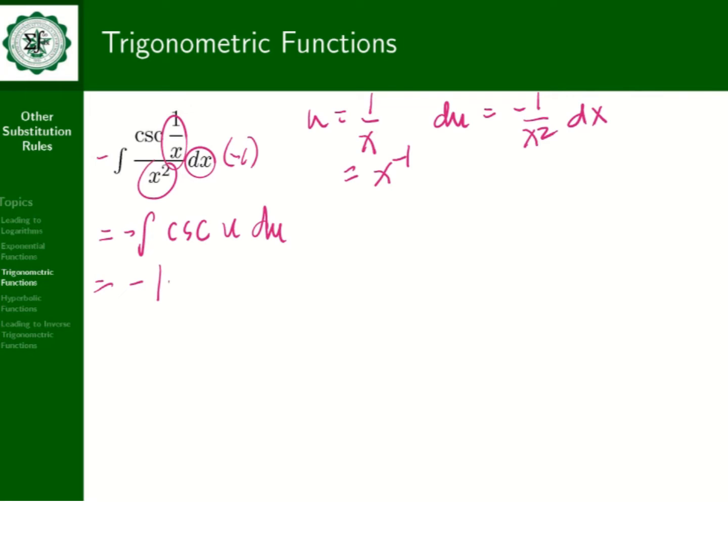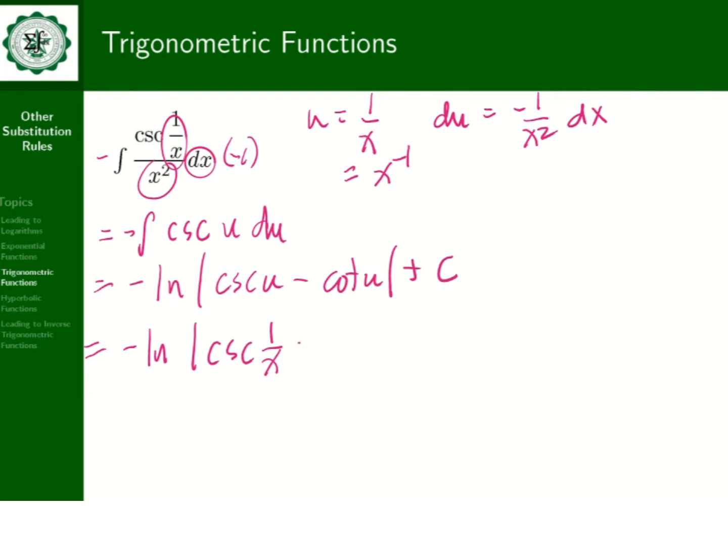So this is negative ln of cosecant of u minus cotangent of u plus c. And then we just replace u with 1 over x. So we have negative ln of cosecant of 1 over x minus cotangent of 1 over x. So that's absolute value and then plus c.